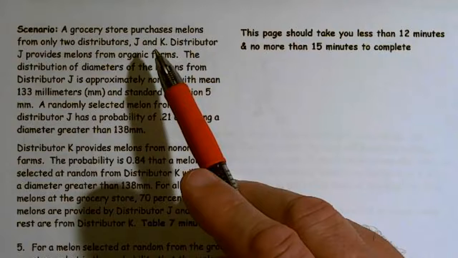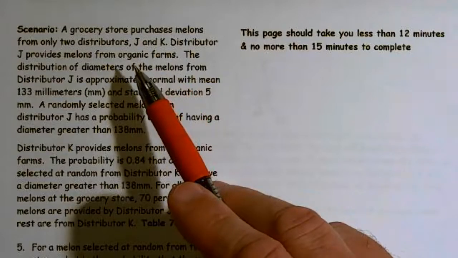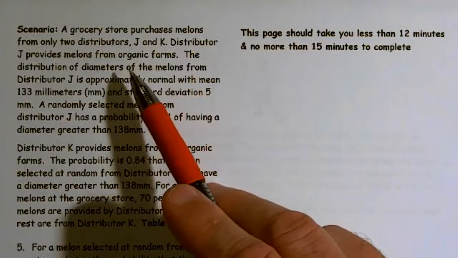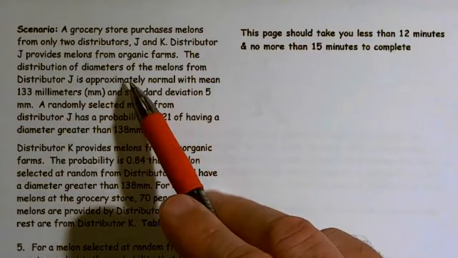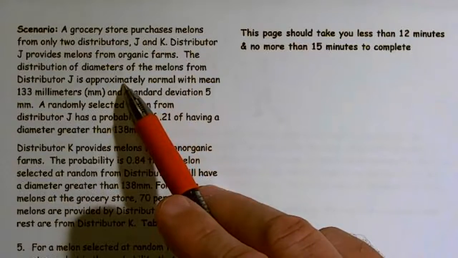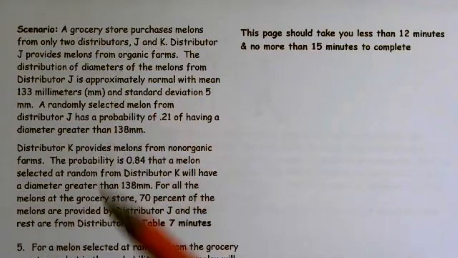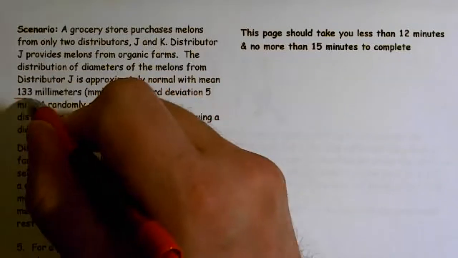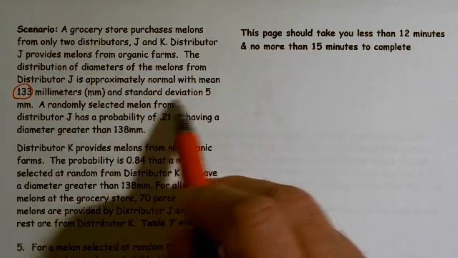So a grocery store purchases melons from only 2 distributors, J and K. Distributor J provides melons from organic farms. The distribution of diameters of melons from distributor J is approximately normal with a mean of 133. I know this is going to be important. And a standard deviation of 0.5.